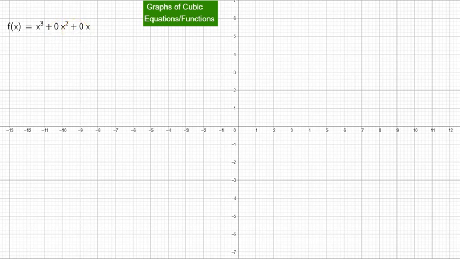In general, the cubic function is y is equal to f of x is equal to ax cube plus bx square plus cx plus d. Here a is equal to 1, b is equal to 0, c is equal to 0, and d is also equal to 0. So if we plot this graph, what do we get?